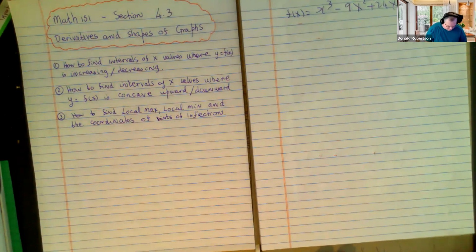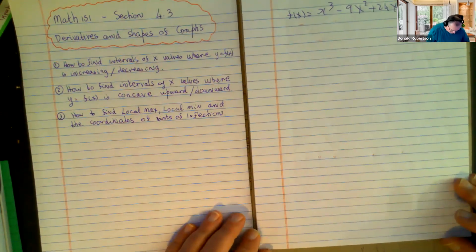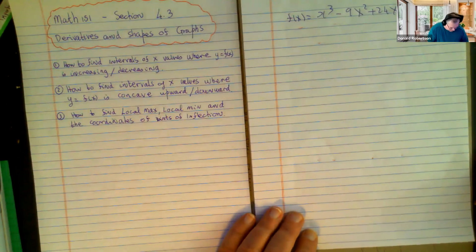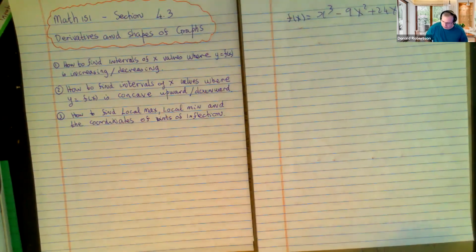And I'm going to show you for this one question how to find everything you could possibly want. That means intervals of increasing and decreasing, location of local maxes and mins, intervals of concave up and concave down, and coordinates of points of inflection. If you knew all those things, couldn't you draw a really good sketch of this guy?